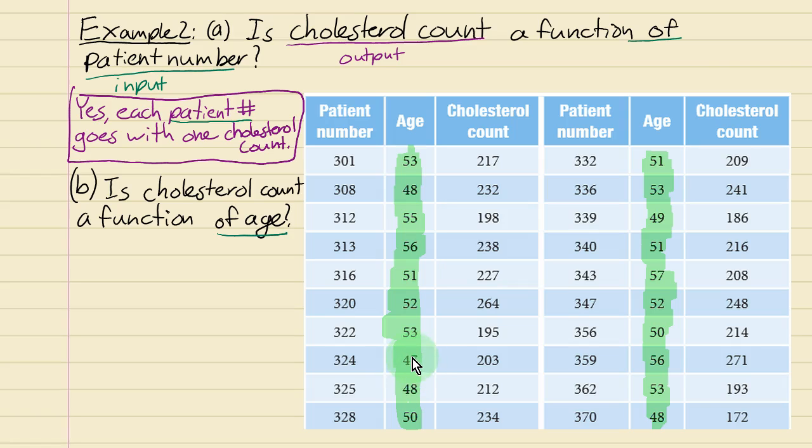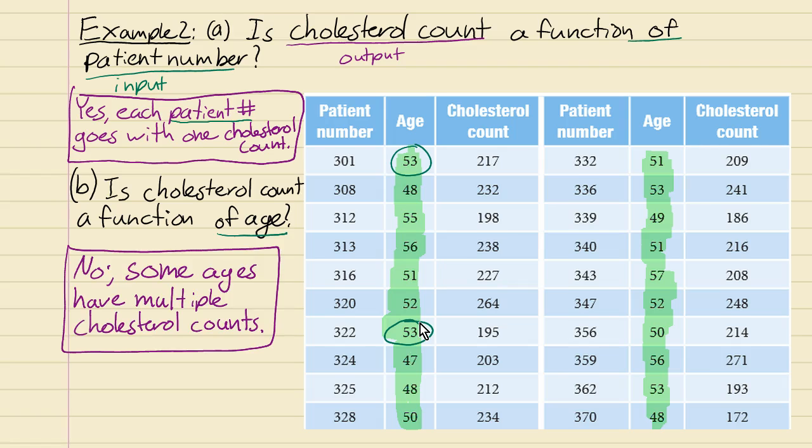Okay, there's 47 here that goes with 203, and there's no other places where 47 appears. But then you might look at another one, like, oh wait, here's 53. This 53 goes along with this 53, and there are 2 different 53-year-olds that have the same cholesterol count. So the answer to this is no.